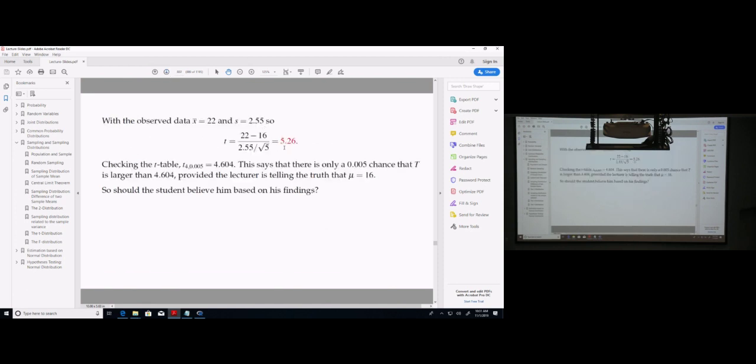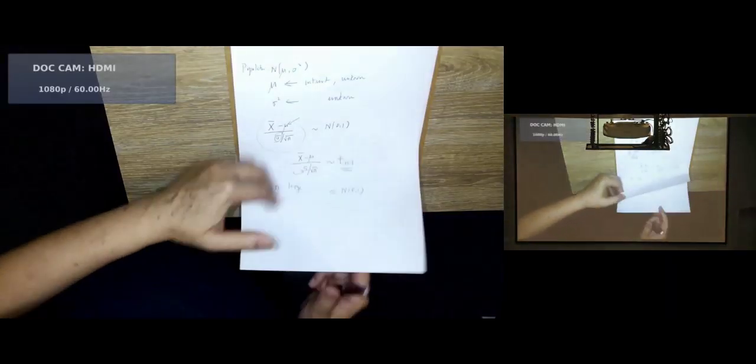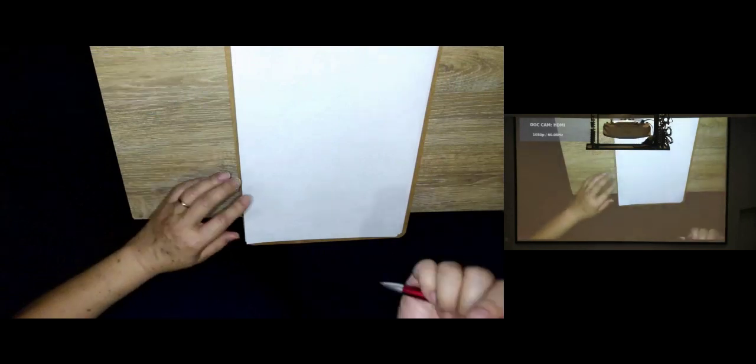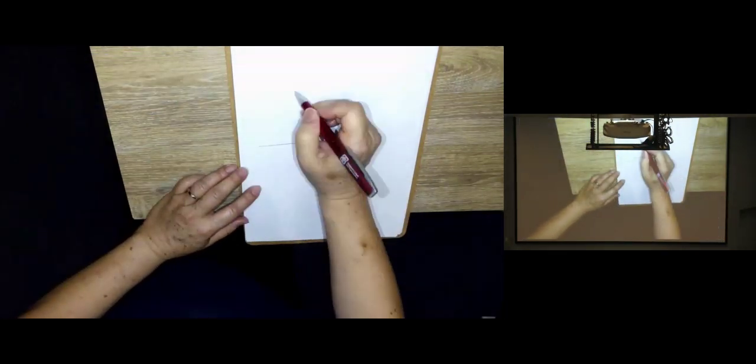So I will have 5.26, and based on the T table, if I use 99.5, that means 0.5%, this is 4.604. If you think of the curve this way, this is the T distribution.